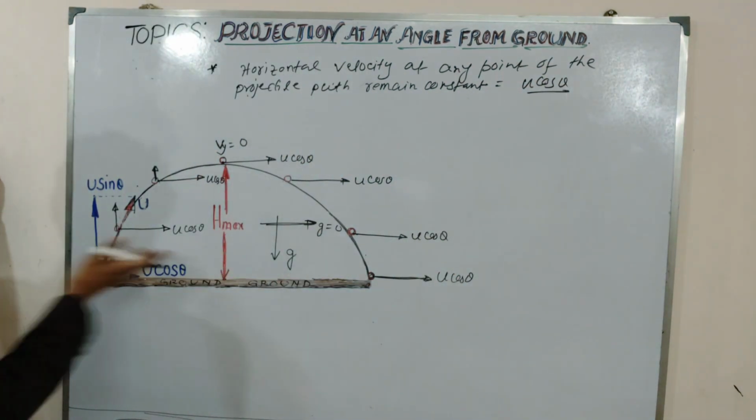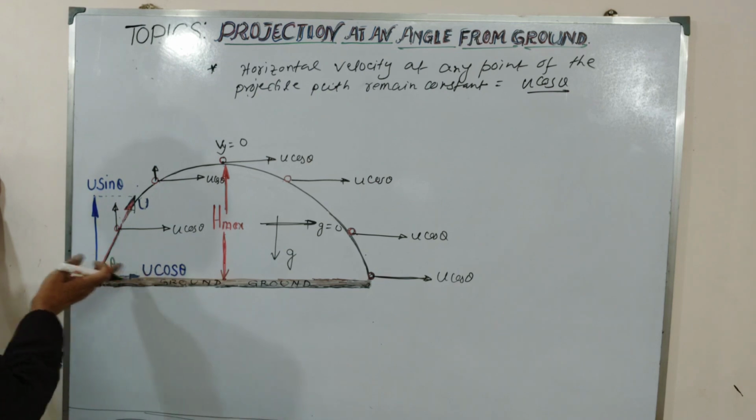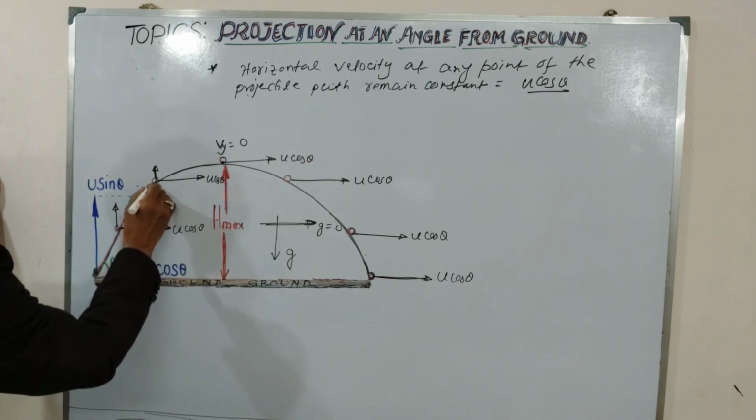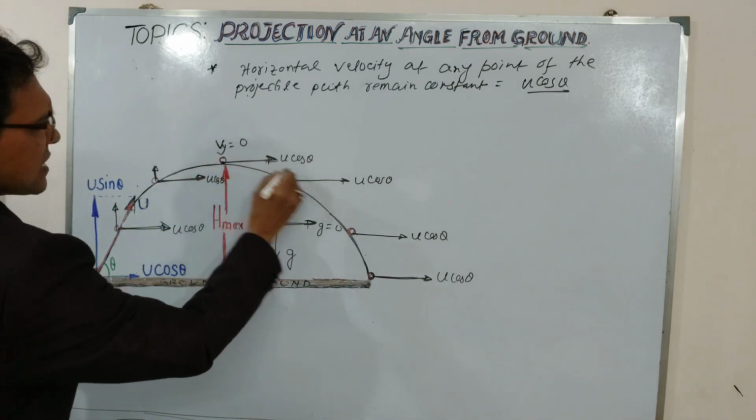So along this direction there is no component of acceleration due to gravity, so the velocity remains constant, always the same.